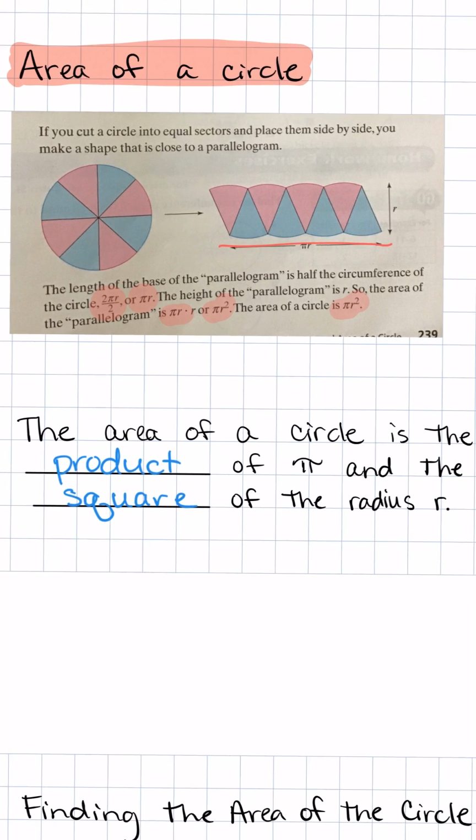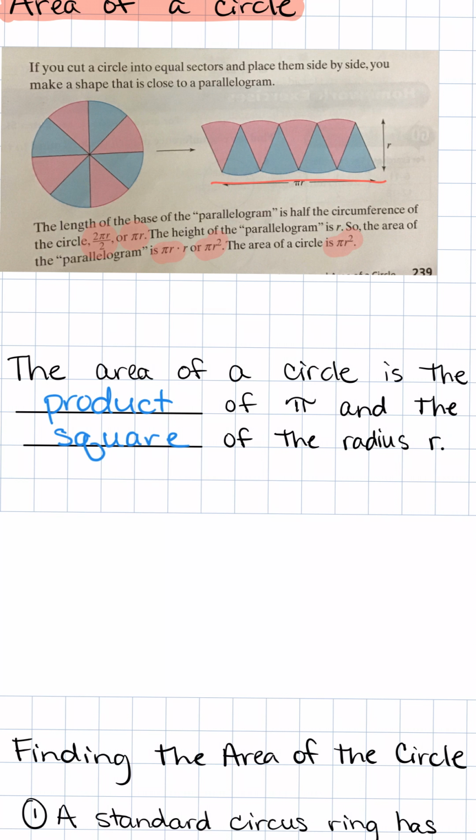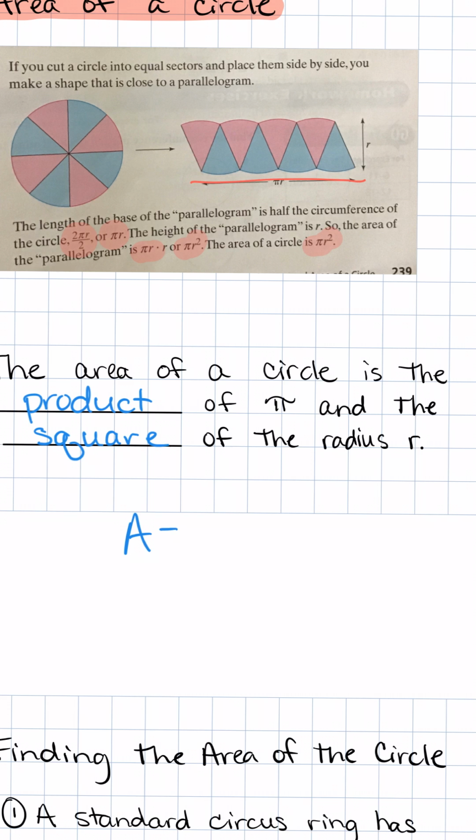The area of the circle is the product of pi and the square of the radius. So write it as area equals pi r squared.